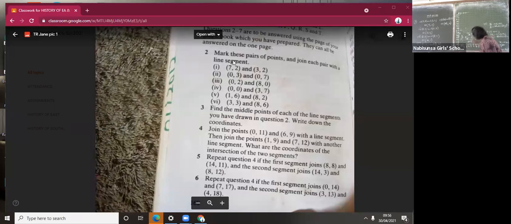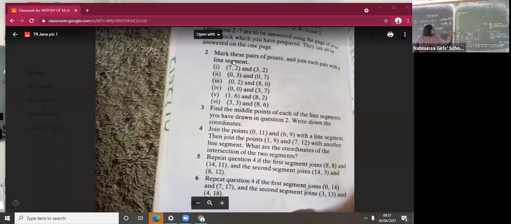Now, can you read the x coordinate and the y coordinate? 5.5, then 4.5.